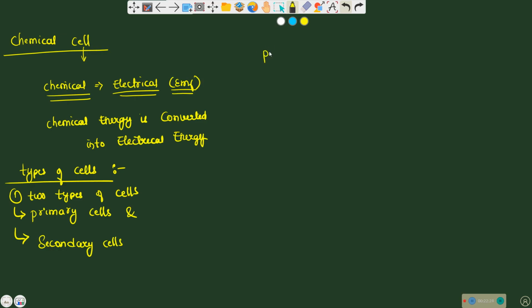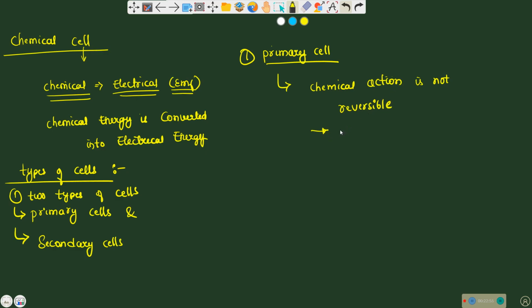To know what a primary cell is, you will have it in your TV remotes. In a primary cell, the chemical action is not reversible, which means it is not rechargeable.